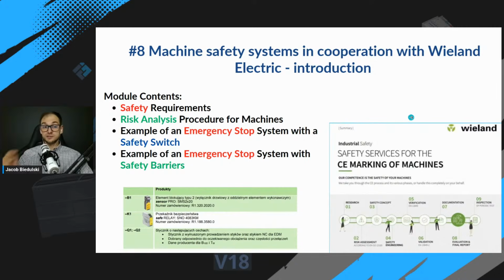We have also a very important module regarding safety systems for industrial machines, in cooperation with Wieland Electric. This is a German company that specializes in safety systems for machines. Okay, so this will be an introduction into safety analysis, risk analysis for machines.